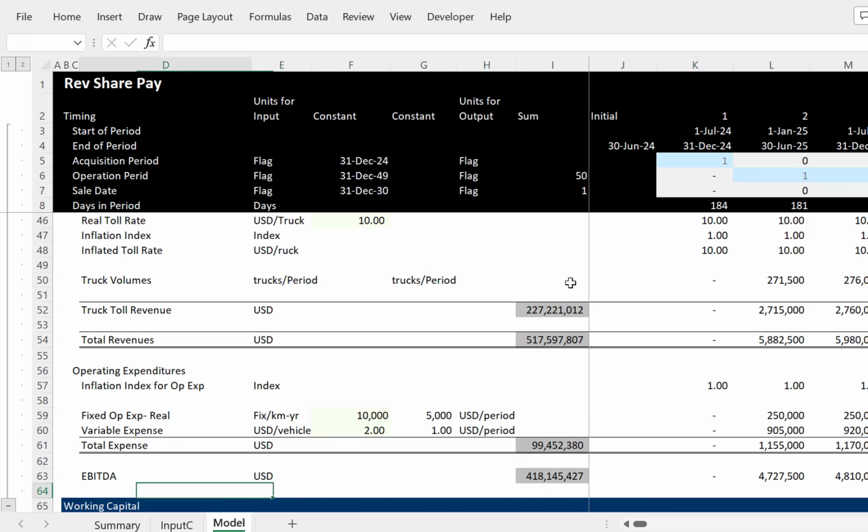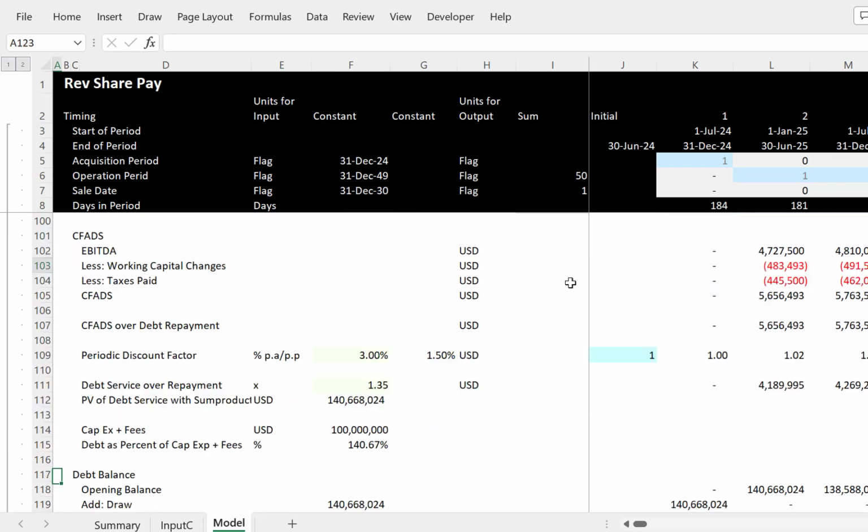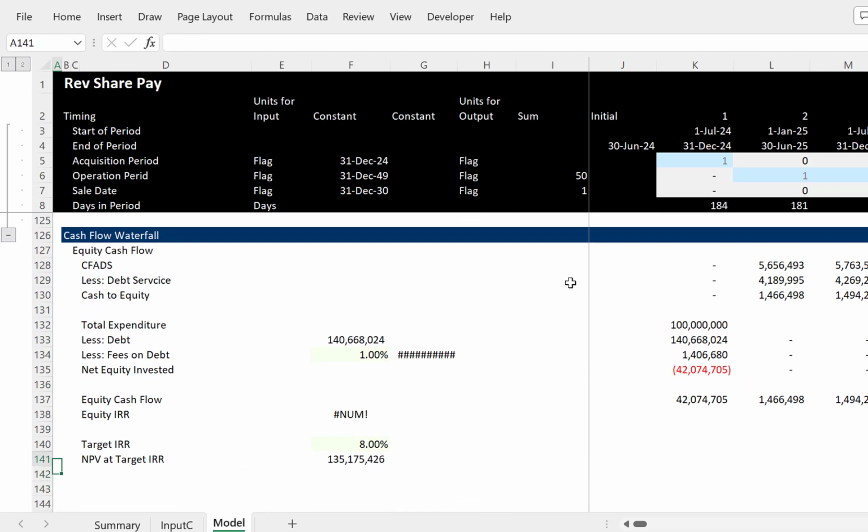Okay, and then because of the change in the toll rates, I have an enormous equity IRR, and we've got an enormous NPV. Now, if we're going to do a goal seek, here's what we're going to do.